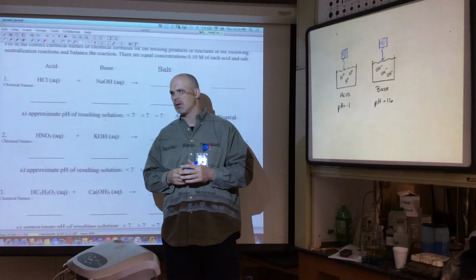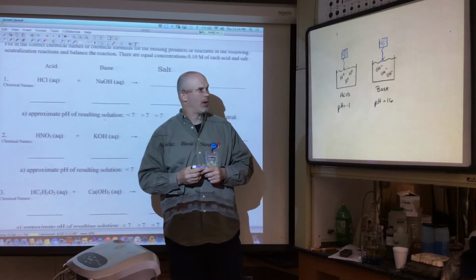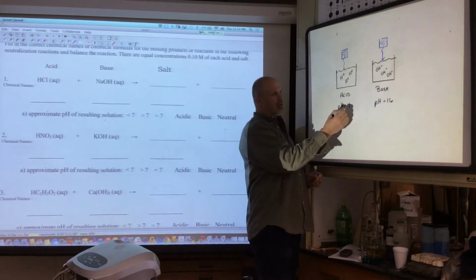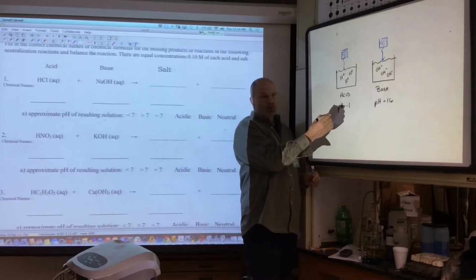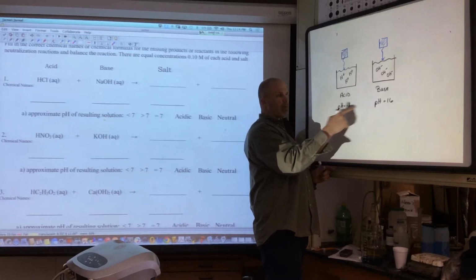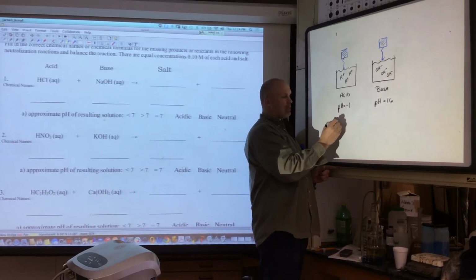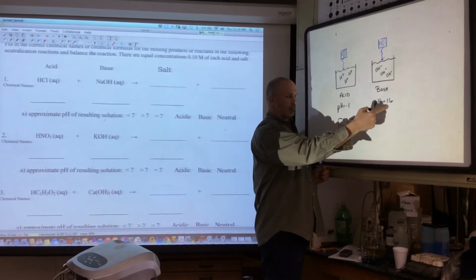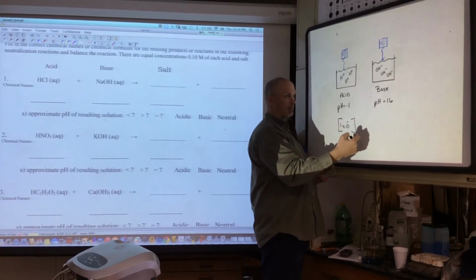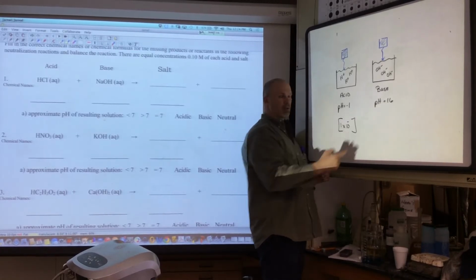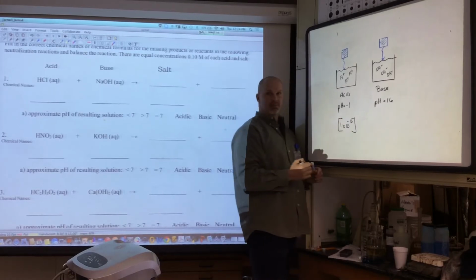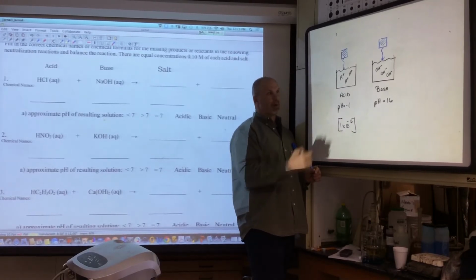How is it over 14? Oh, well, it's a great question. If you can have pHs that are smaller than 0, so if the pH is 16, what's the concentration of my H plus? 1 times 10 to the negative 16.